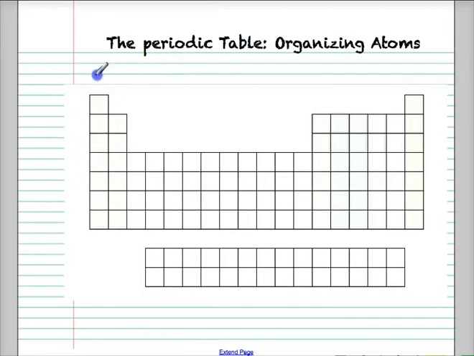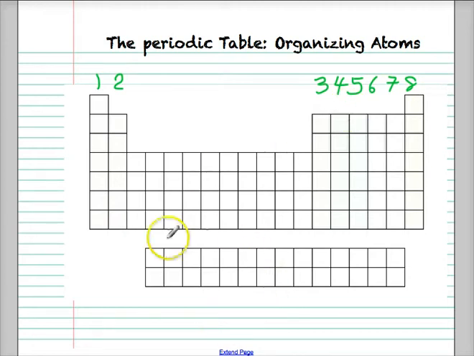This one here was group 1, where all the elements in this column would have similar properties. Group 2, likewise. Group 3, 4, 5, 6, 7 and 8, missing out this section in the center here. So vertically, these columns contain elements which would have similar properties.